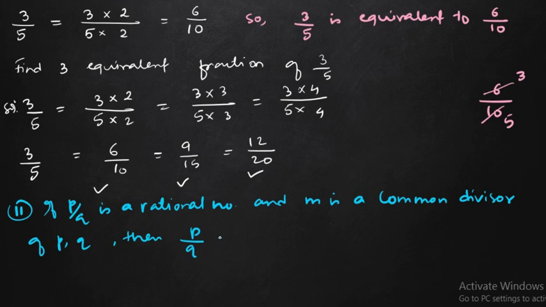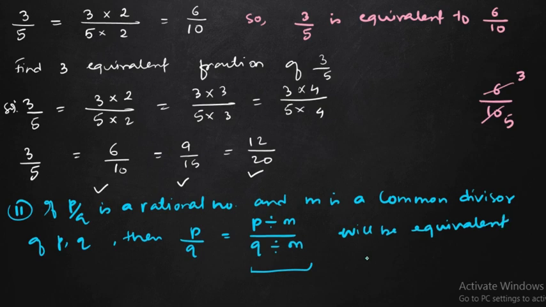The equivalent fraction is obtained by dividing the numerator and denominator by that common divisor. So this new number will be an equivalent rational number. Okay, so let us understand this with an example.